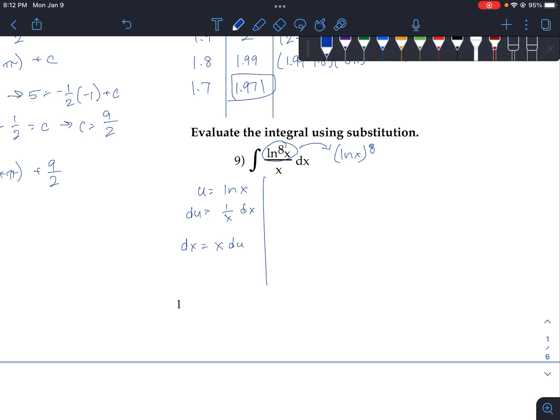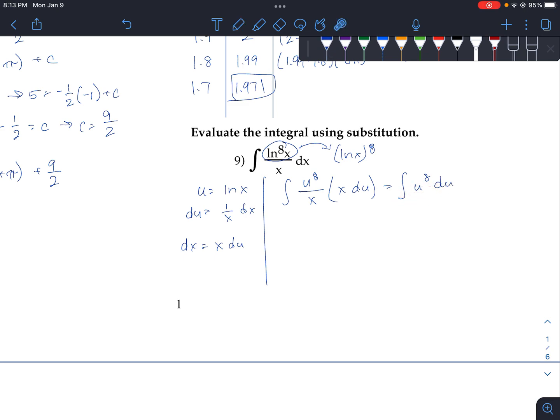Then whenever I rewrite this, I'll have the integral of u to the 8th divided by x, and dx is x du, so x du. This works out really nice because I have x in the denominator and x in the numerator, so the x's cancel. So I get the integral of u to the 8th du, and I can integrate that.